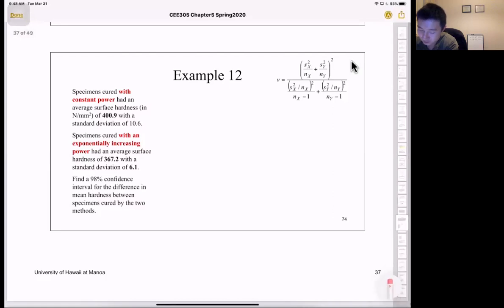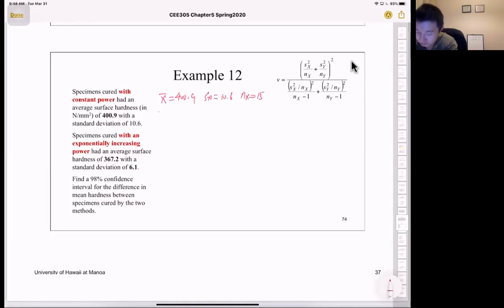The sample mean for X is 409.9, the sample standard deviation Sx is 10.6, and the question tells us the sample size nx is 15.